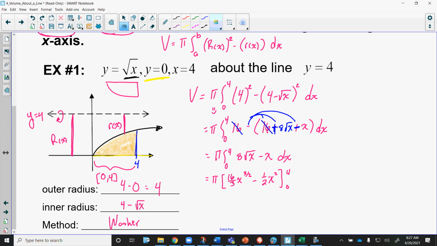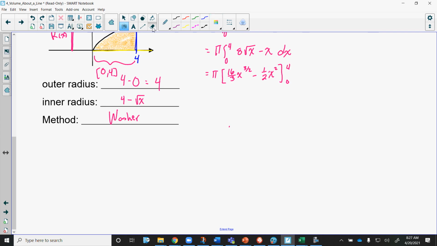And of course, the 0 in this case doesn't really matter, because they all become 0, so they don't really change anything from when we substitute the 4, I should say. So let's go ahead and substitute the 4, and I'm going to say 16 thirds times 4 to the 3/2 power minus 1/2 times 4 squared.